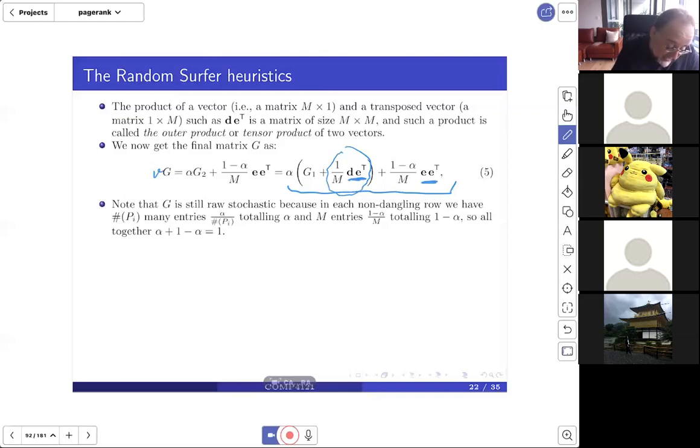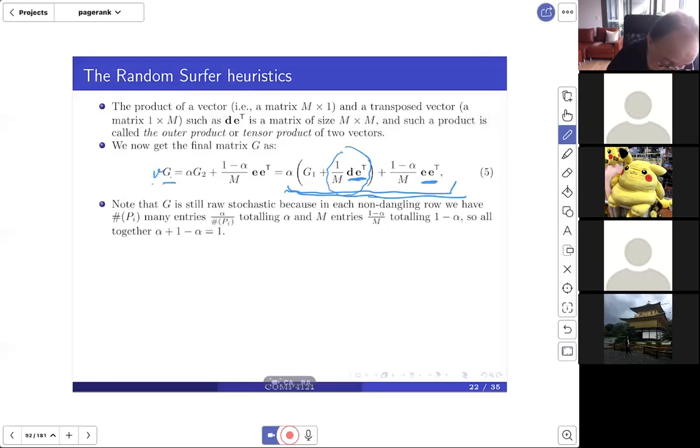So I derived this last time, but it's not so crucial if you are not so familiar with this, but you should take a look at it and try to figure it out. It's just basic matrix algebra, but the whole point of this representation is that multiplying G by a vector from the left can be done fast despite the fact that G is not sparse.